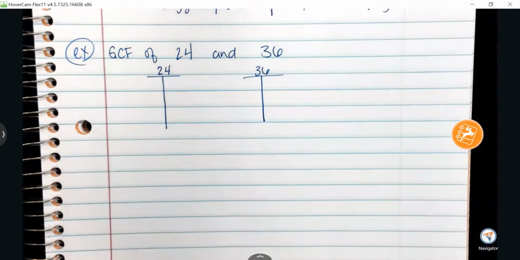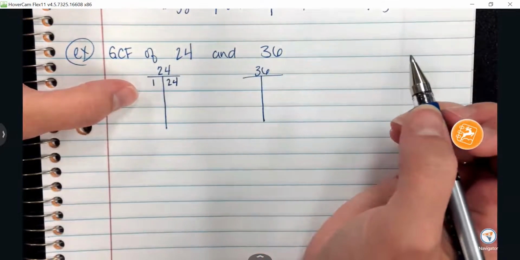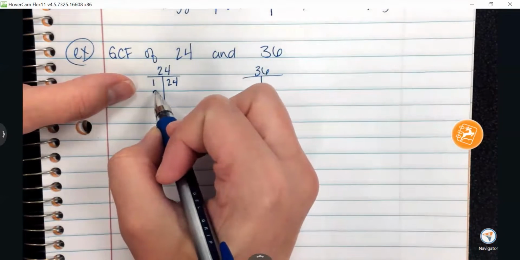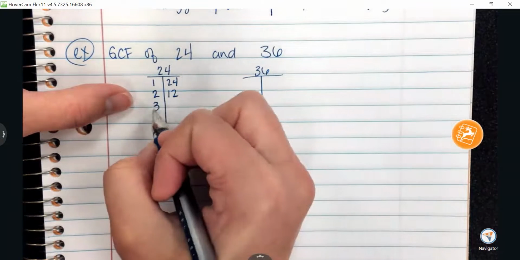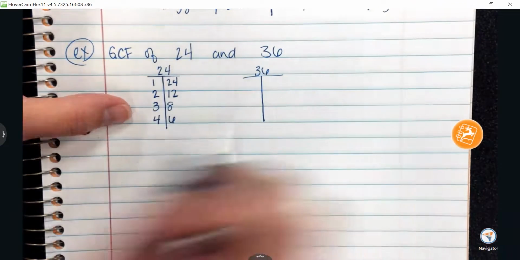Factors, things you multiply, go in order. So 24, I know 1 times 24 gives me 24. What's the next thing that can give me 24? 2 times 12. What's next? 3 times 8 and 4 times 6.